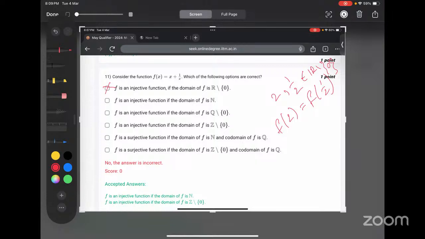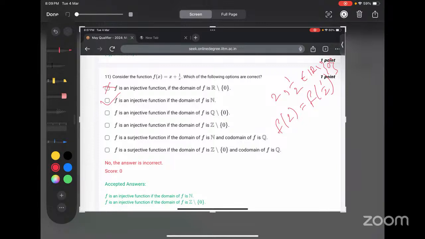For the second one, what you told, madam, it has to be from the natural numbers. Yes. So then half cannot be there. That means this type of pair, this type of example, we cannot choose, right? And these are the only examples which can contradict the definition of an injective function. So this will be automatically injective.